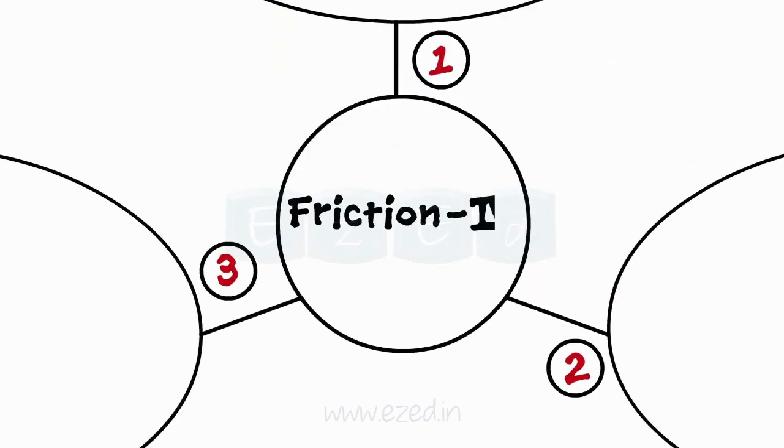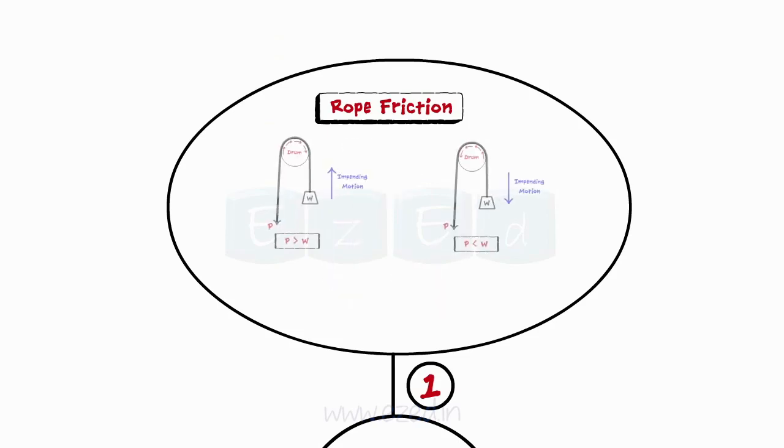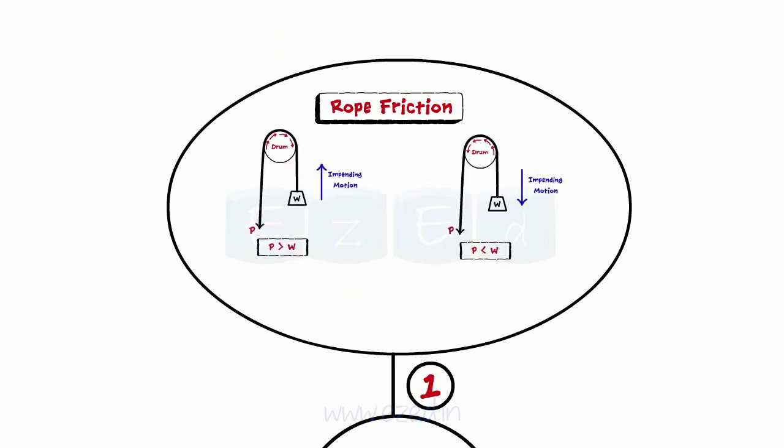Let us have a quick review of what we have studied in this lecture. Rope friction is a term describing the friction forces between a rope and a drum. When one end of the rope is being pulled, only part of this force is transmitted to the other end due to the friction force. Tensions are different on both ends of the rope.